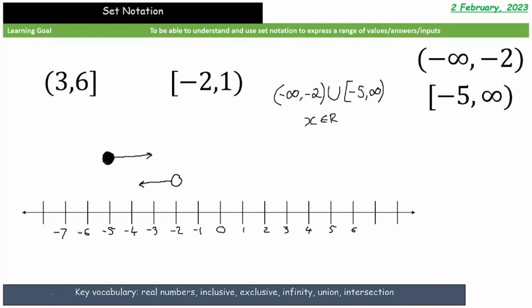Alright, now let me just rub this out. And we'll do it now instead as an intersection. Now that's where it gets more interesting. So if instead we said this one here as an example, keep them the same, but instead it's an intersection of the two rules.